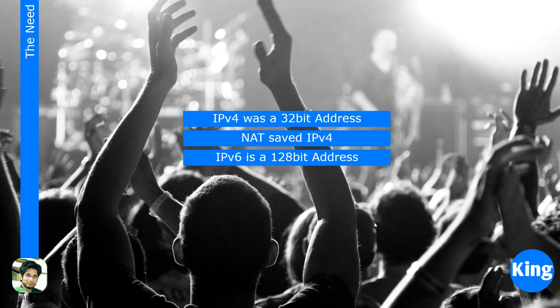But today, in retrospect, we know that that was not so. In fact, IP version 4 would have run out of IP addresses if a technology called NAT was not invented, right? NAT literally saved IP version 4. IP version 4 would have run out of address space at least 20, 25, 30 years ago. So IP version 6 had to be created, right?